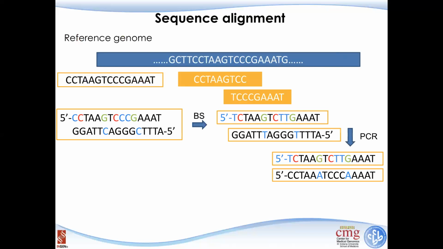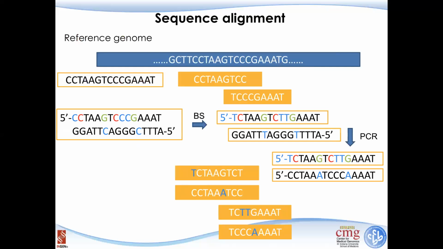Then when you do mapping, you find something doesn't match. Here, TC, TAAG, TCT, the first T is not C. And from another strand, you find that here it becomes A. And in more examples, this becomes TT and this A. Then how can you map them to the genome?